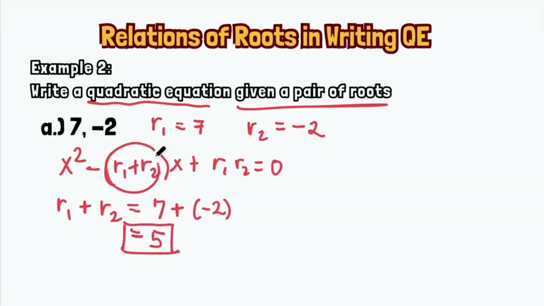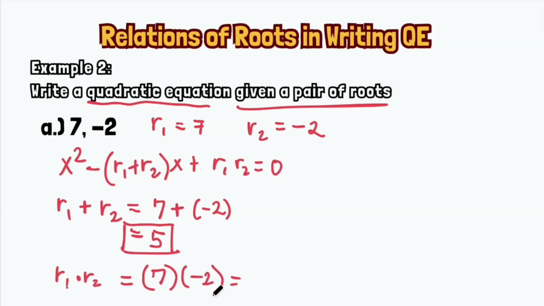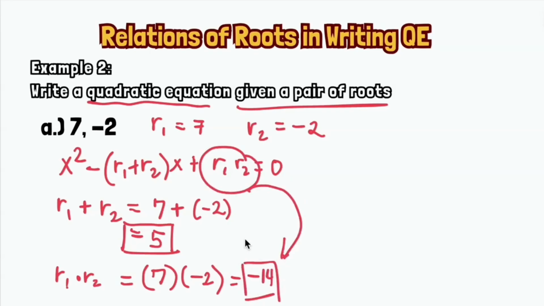By the way, this part will be replaced by 5 later. Next, we have the product of the two roots. Root 1 times root 2 is equal to 7 times negative 2. When we multiply them together, 7 times negative 2 is negative 14. By the way, this one will change later to negative 14.